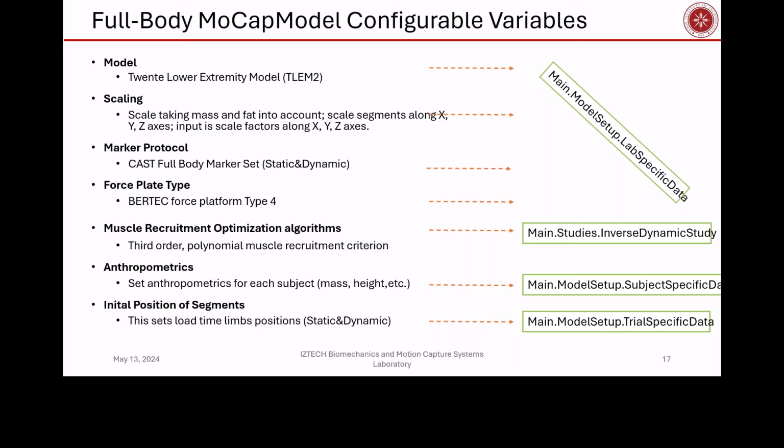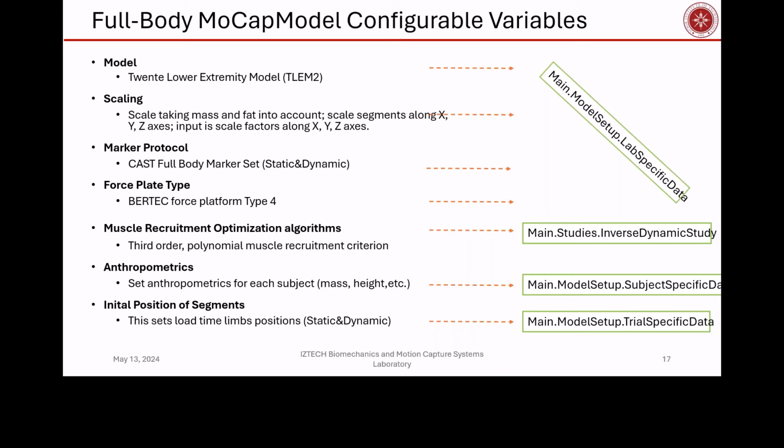In this case, we use XYZ scaling, taking mass and fat into account. Marker protocol: a marker set is developed according to the CAST marker set to scale the model, minimizing the cumulative error between the virtual and experimental markers. Force plate type: the Bertec force plate type is used.